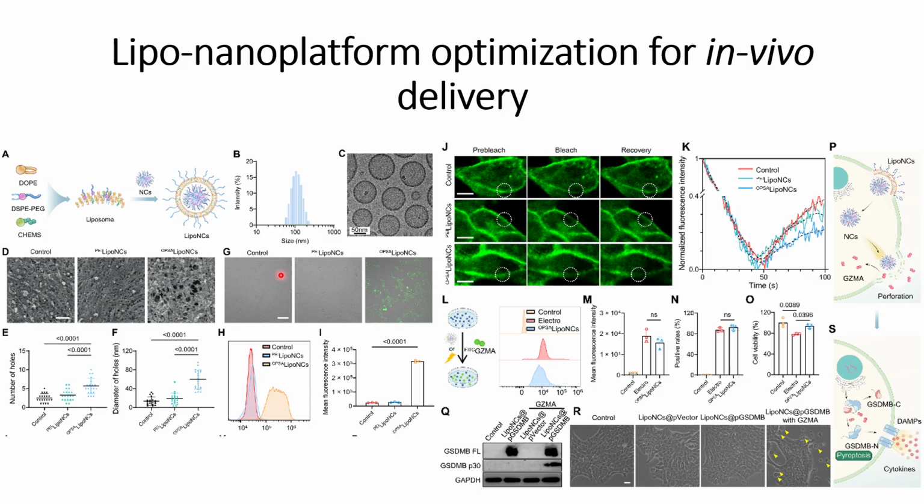For the control, they do not use any transfection, and with the traditional PEI-based lipo-nanocomplex, they do not see any FITC signal. But with the OPSA lipo-nanocomplex, they are able to see the FITC signal, indicating that the pore size is big enough to make FITC permeabilize inside the cells.